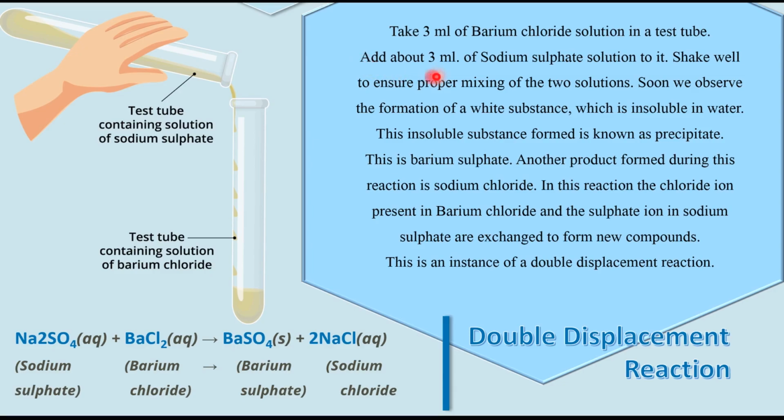Add the 3 ml of sodium sulfate solution to the previous test tube, and shake well to ensure proper mixing of the two solutions. Soon after, we observe that there is a formation of a white substance.